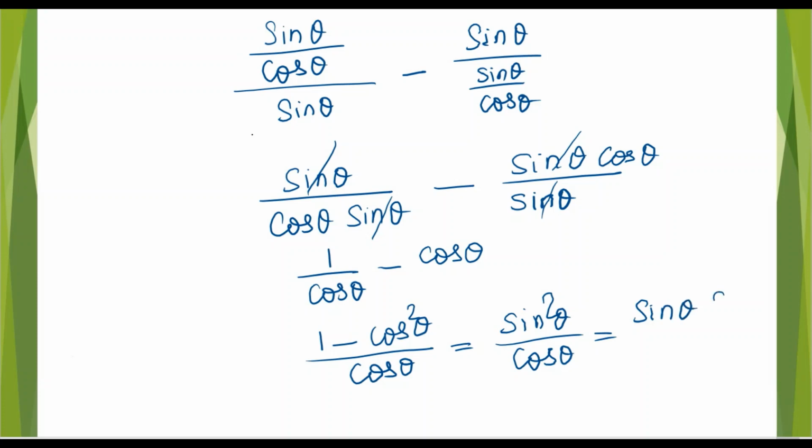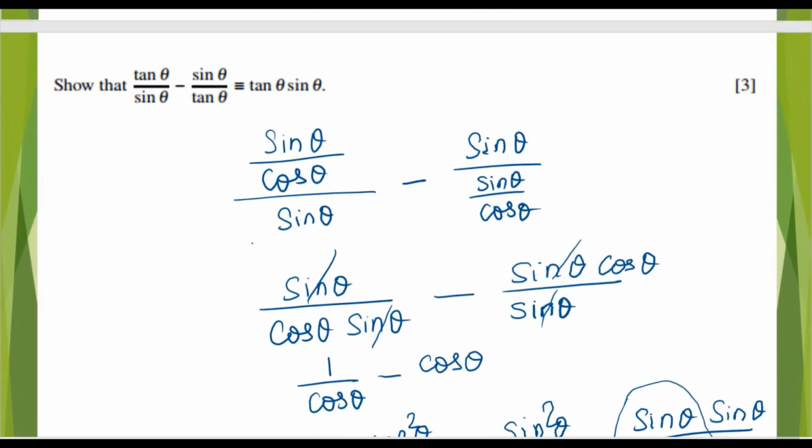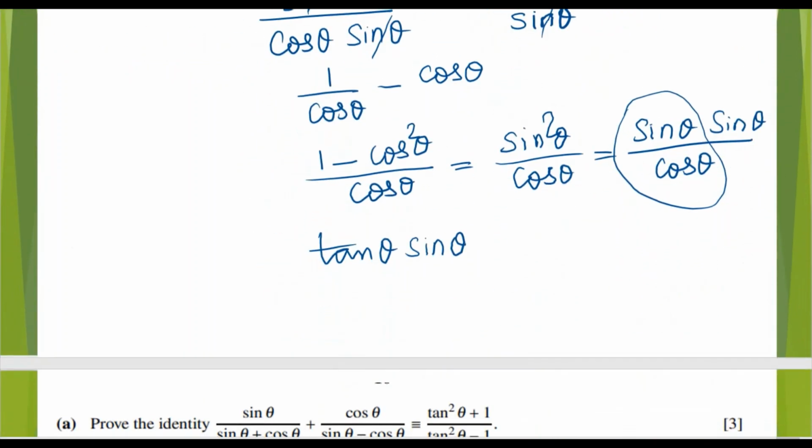So with one sine theta, we will combine the cos theta so that we will get a tan theta. So we'll get tan theta sine theta, which is our required expression. So we showed that this expression is equal to tan theta sine theta.